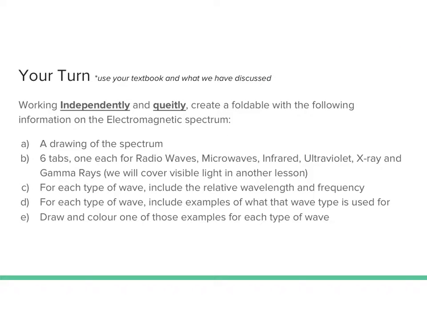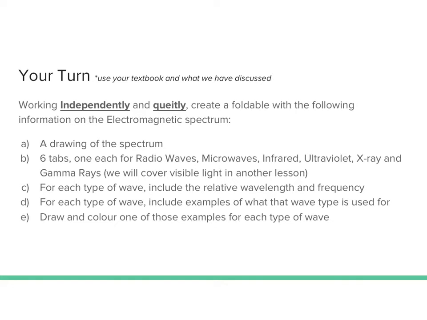So your job is to use your textbook and what we have discussed in the different videos to create a foldable if you were not in class. On your foldable, you do need to include 6 tabs, one for radio waves, microwaves, infrared, ultraviolet, X-ray, and gamma rays. You do not need to include visible light, as we'll cover that in another lesson.